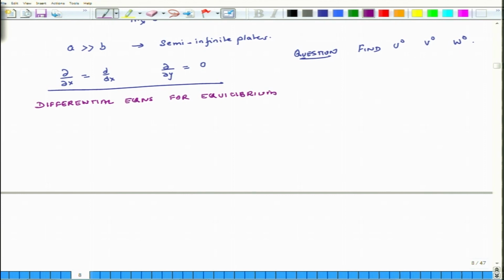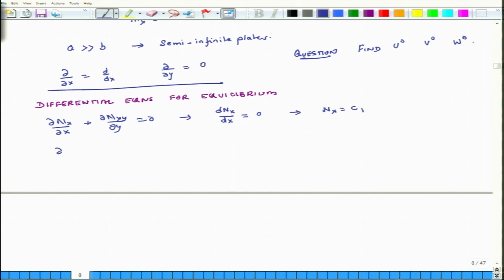Okay. So, the first differential equation is del Nx over del x plus del Nxy over del y equals 0, but del over del y is 0. So, this simplifies to dNx over dx is equal to 0, or Nx is equal to C1.